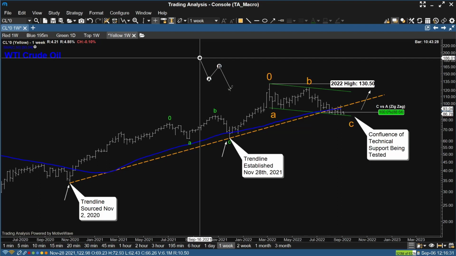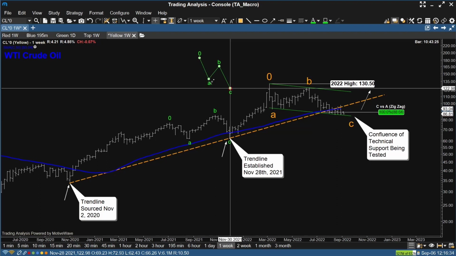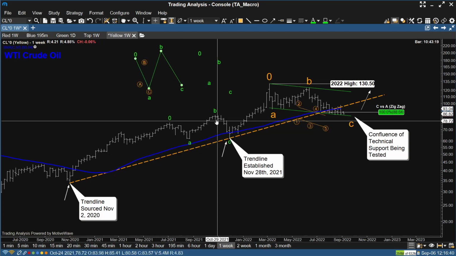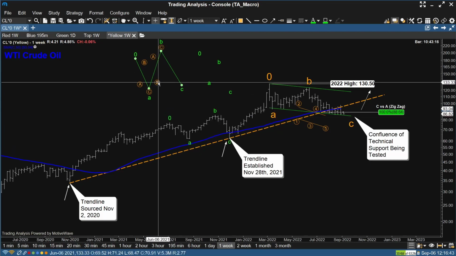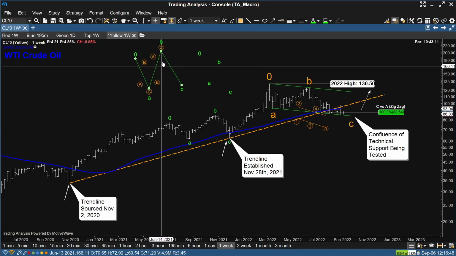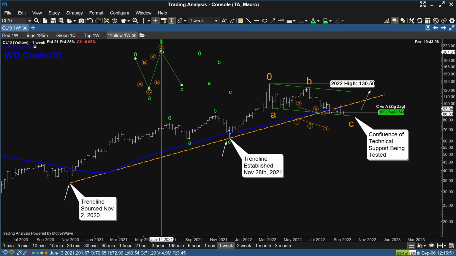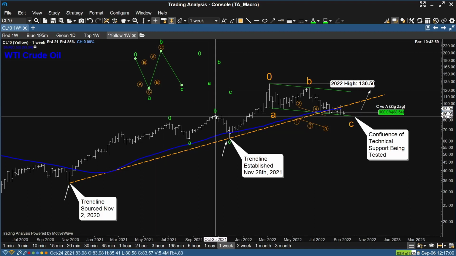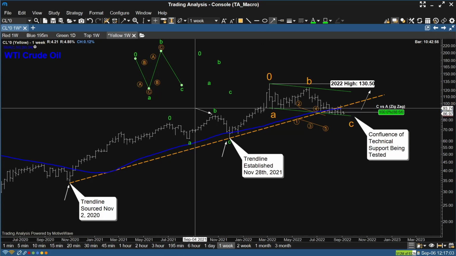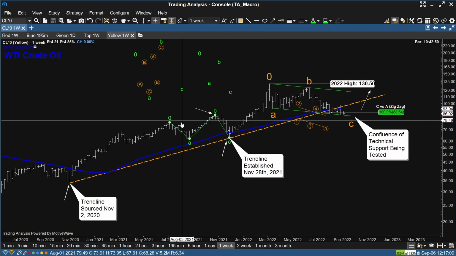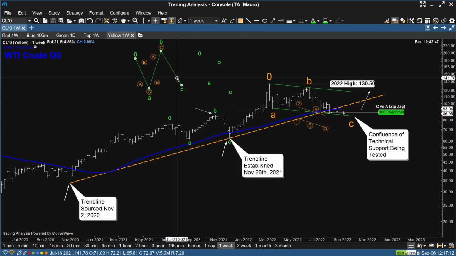There are variations of those corrective patterns, but the overall breakdown of a zigzag compared to a flat, and the only major difference would be that in the case of a flat, your A wave is decomposed as a three-wave subdivision, your B wave is a three-wave subdivision that must retrace somewhere north of 88%, preferably north of 90% of the A wave decline, and sometimes, as you can see in the case of the October 24th, 21 area high, it actually set a new high and appeared to be uptrend resumption, but proved to be wave B of an ABC flat. And then we look for 5 waves down in C.